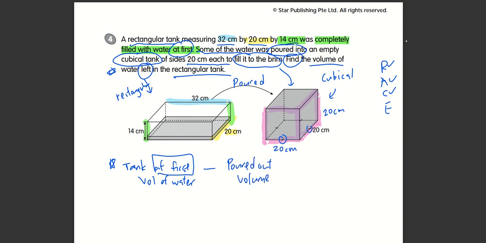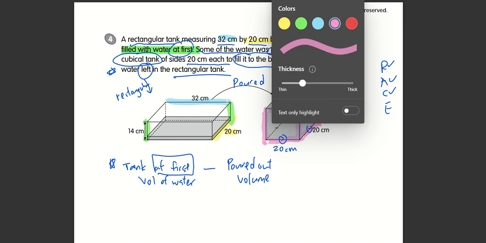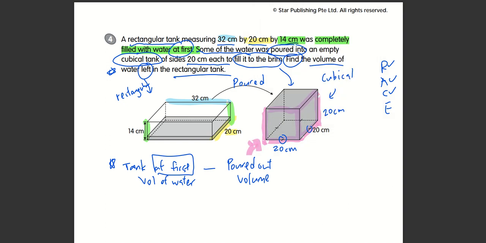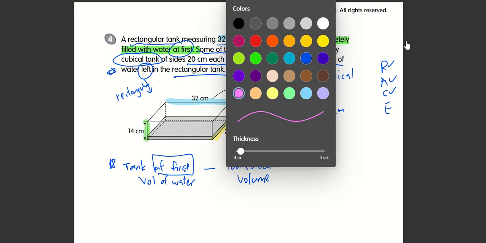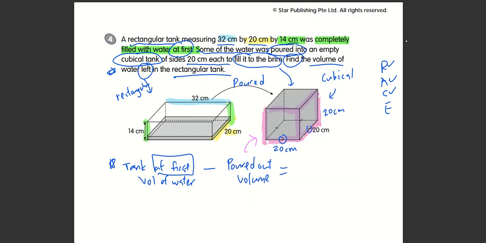And this volume here is the cubical tank, and that will give you the volume left.